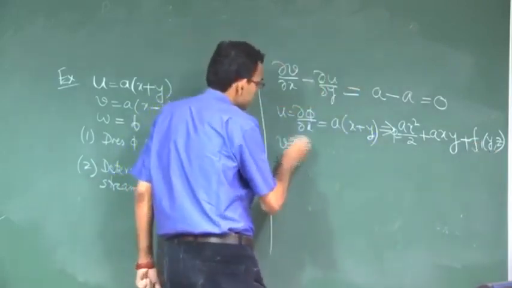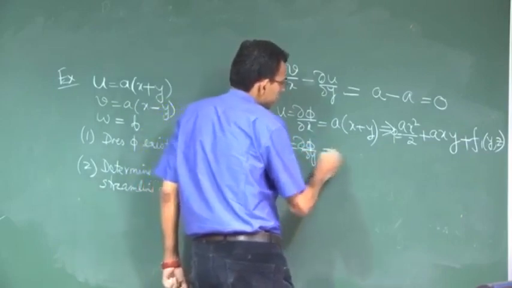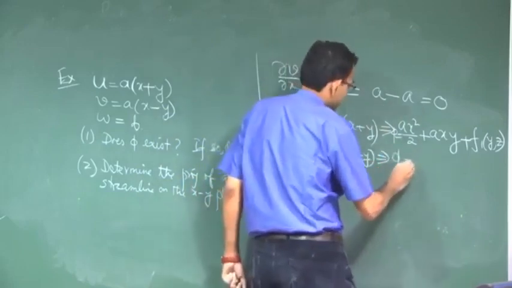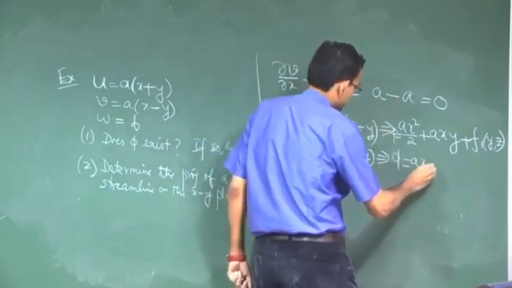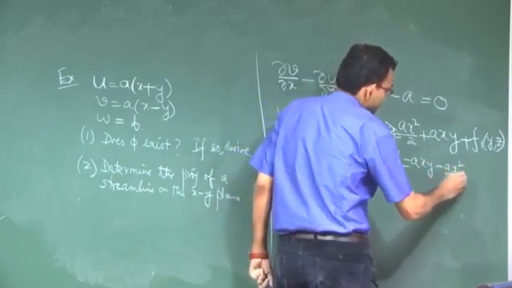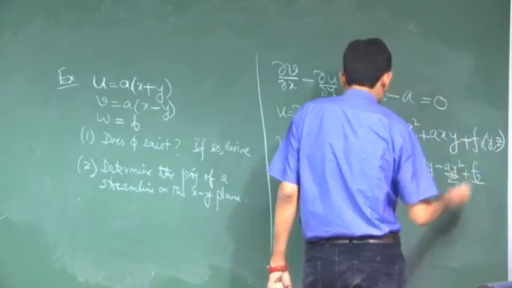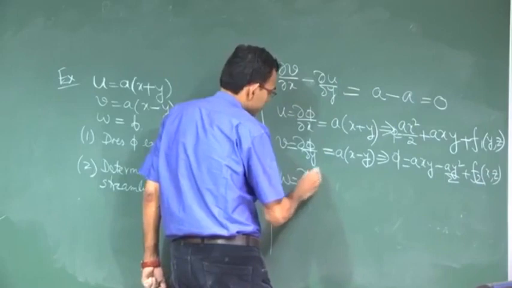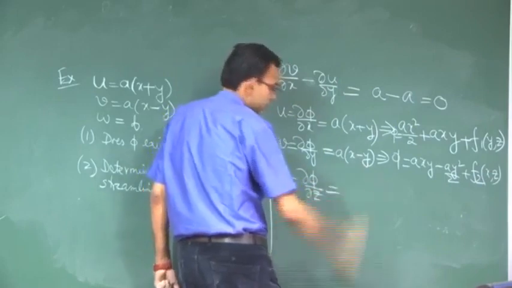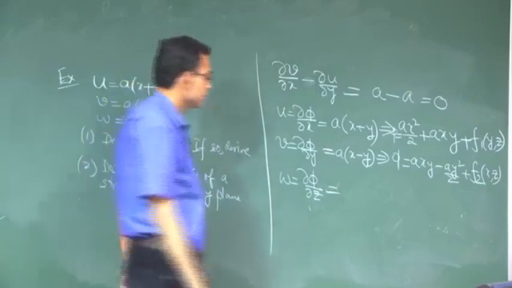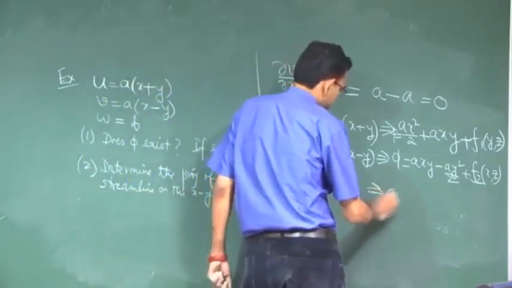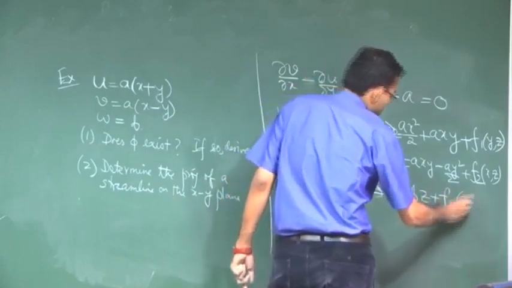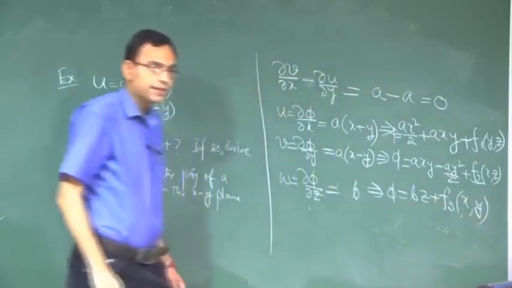Similarly, function of x and z, and w is equal to b. Right.